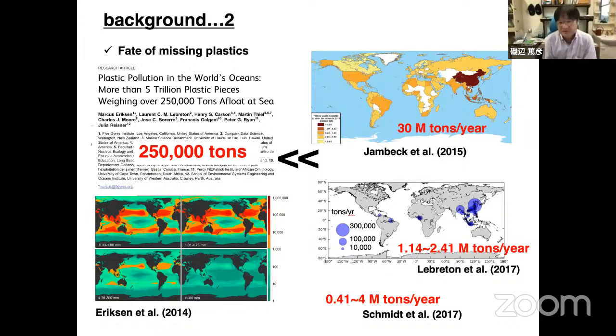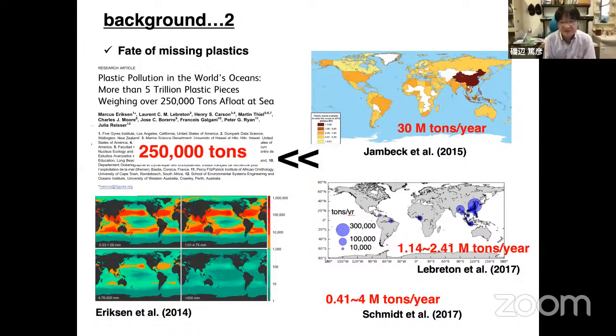So we met a big gap with the total amount of mismanaged plastic waste on land provided by Jambeck. She provided us with 30 million tons per single year. Thereafter, Lebreton and Schmidt estimated the total amount of plastic waste released from rivers over the world ocean at around 2 million tons per single year.